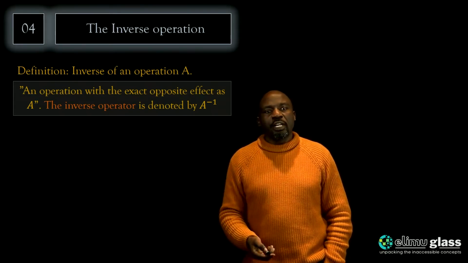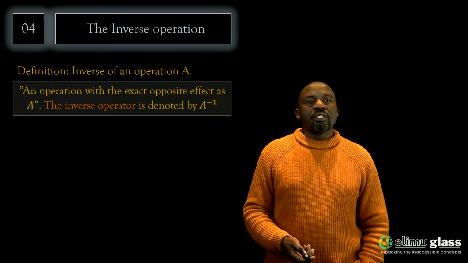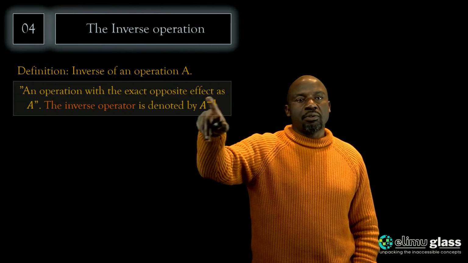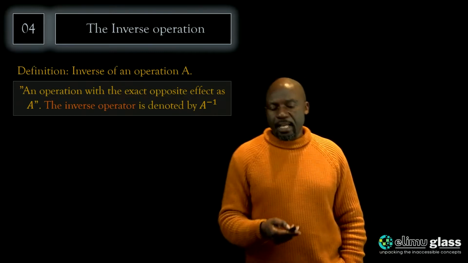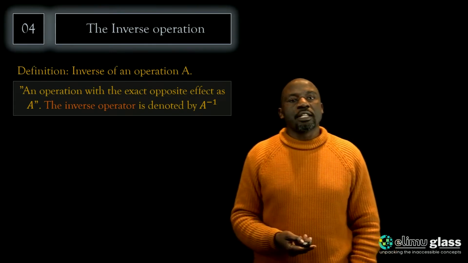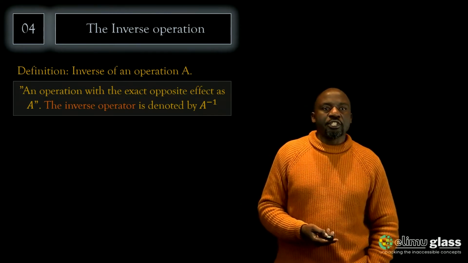Now you need to know that A to the power minus 1 does not mean the same thing as 1 over A. In other words, this is not referring to a negative exponent, okay? So that's just a symbol. Unfortunately, this was the symbol that mathematicians came up with.